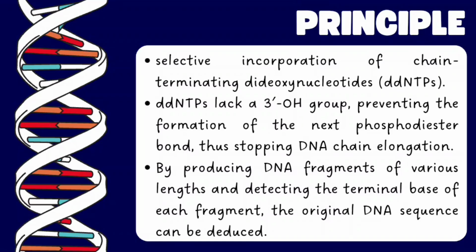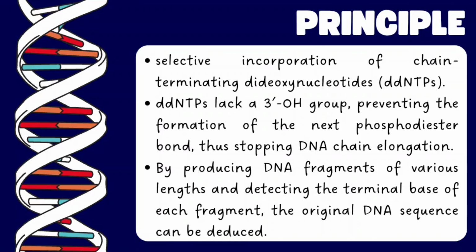This technique relies on some principles. For example, this technique is based on selective incorporation of chain terminating dideoxynucleotides, or ddNTPs, during the synthesis of DNA. ddNTPs lack a 3' OH group that prevents the formation of the next phosphodiester bond, thus stopping the DNA chain elongation.